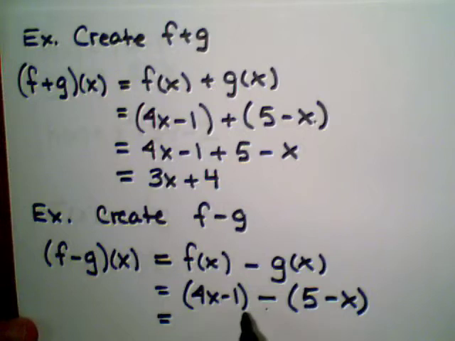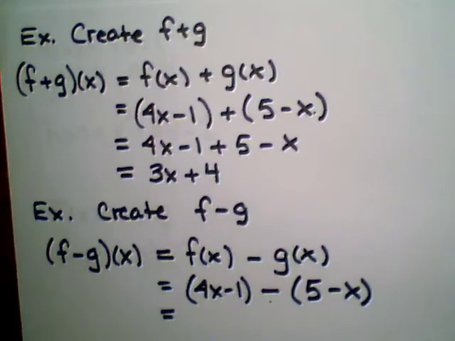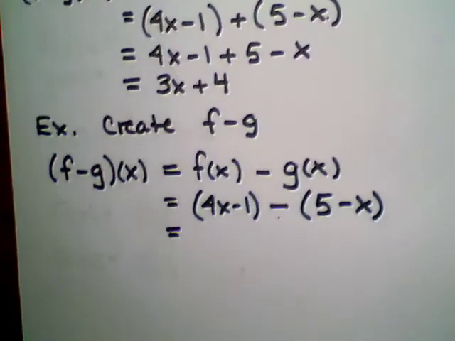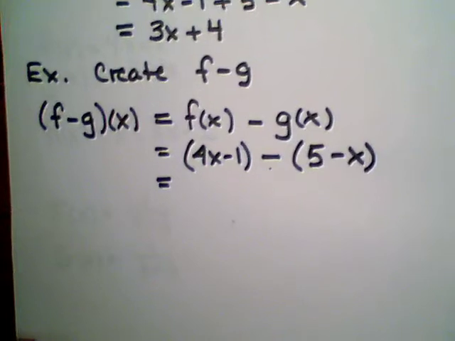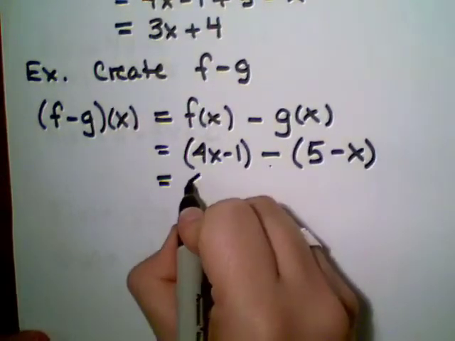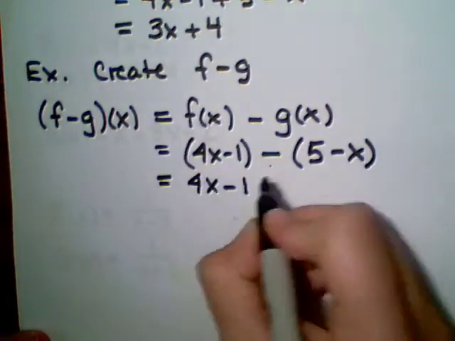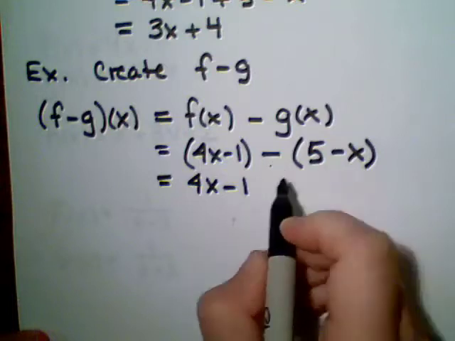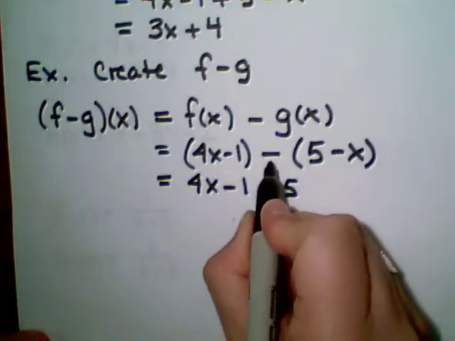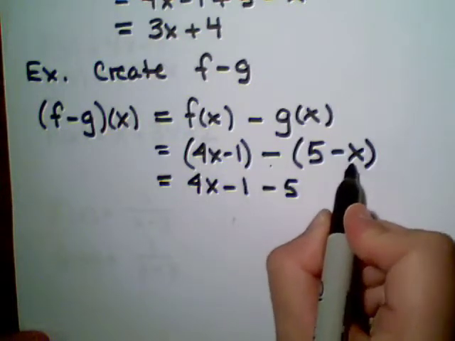We can remove the parentheses from the first two terms, but when we try to remove the parentheses from the second two terms, we're going to have to change some signs. So simplifying, we're going to get 4x minus 1, but we're going to subtract 5, and we're going to subtract opposite x.